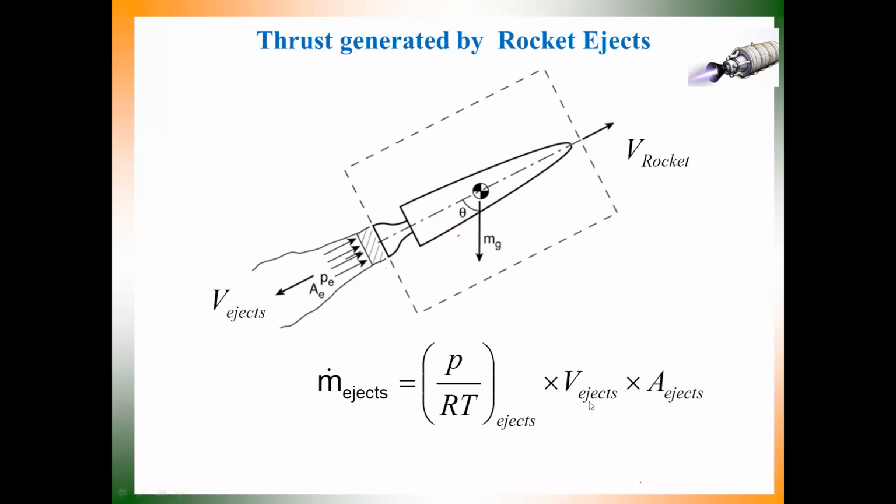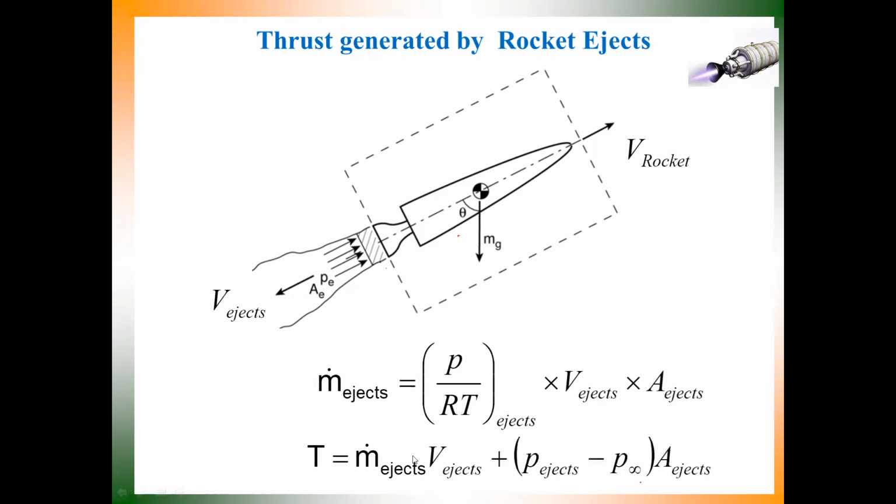This is the relation for m dot. This P over RT is evaluated at standard atmospheric pressure and temperature conditions: P over RT of the ejected matter times the velocity of ejection times the exit area. The ejection area means the exit area of the rocket.